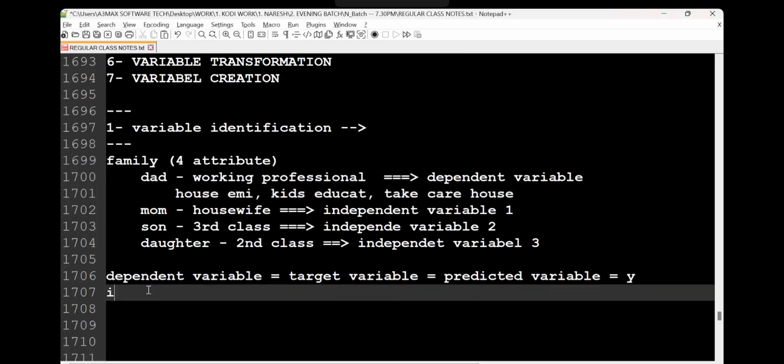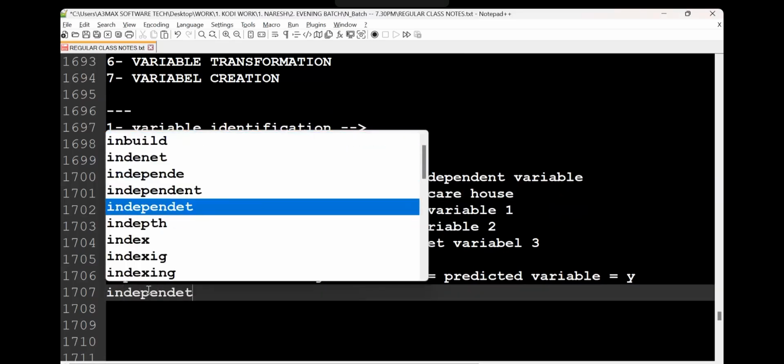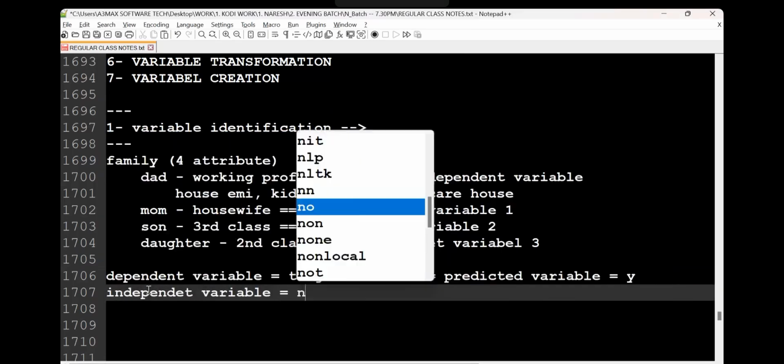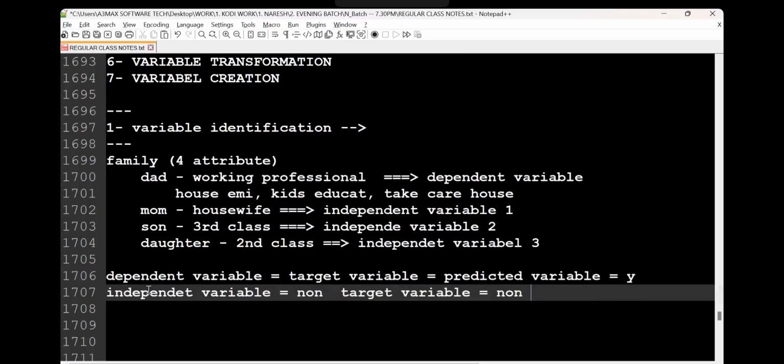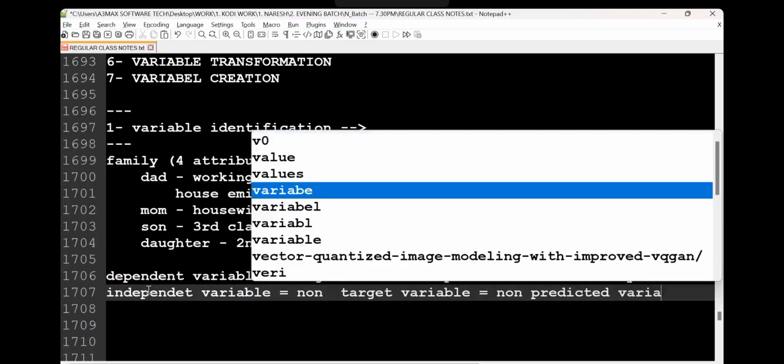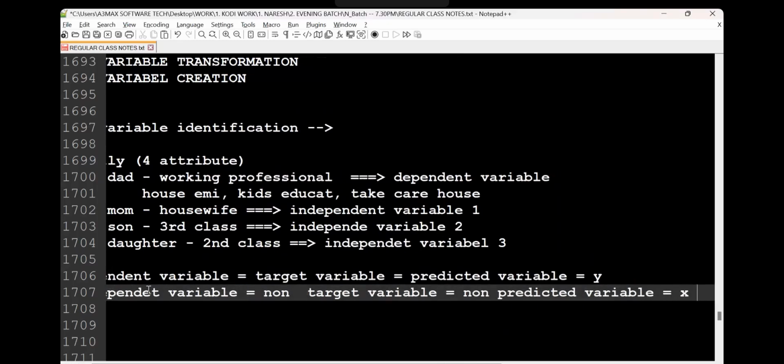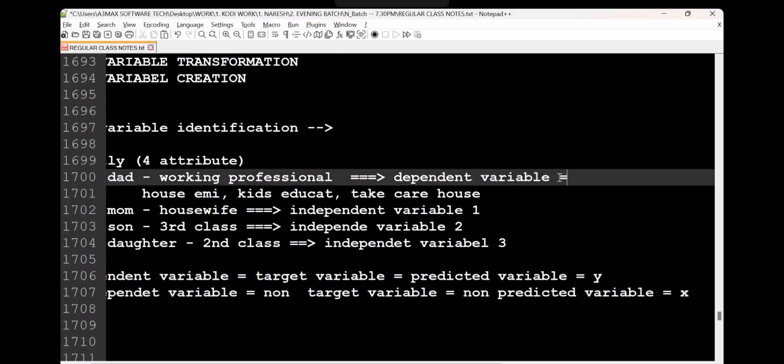Good. Now, the independent variable we also call the non-target variable or non-predicted variable. We denote it as X. Are you clear up to this? Listen to me, offline team, online team. Here, the dependent variable, can I call it Y or X, guys?